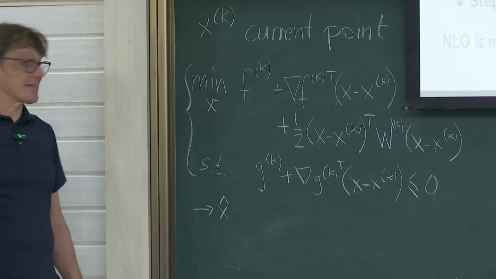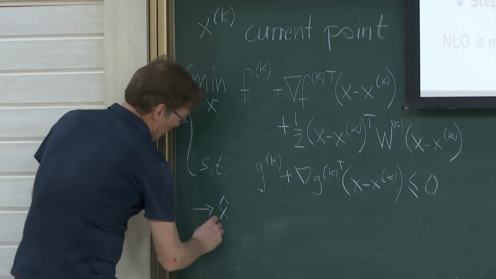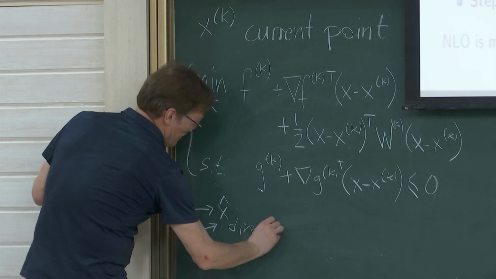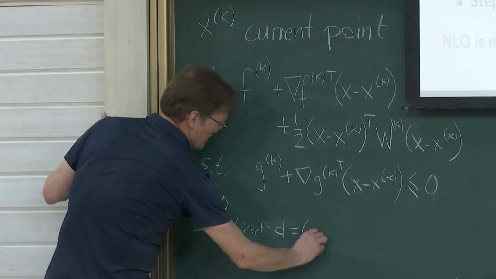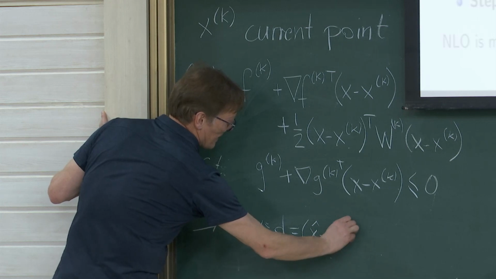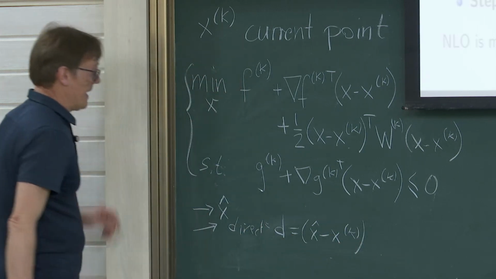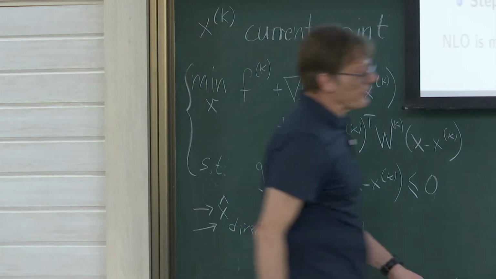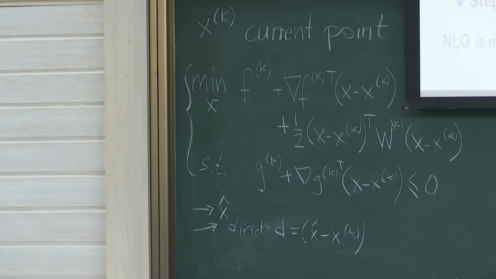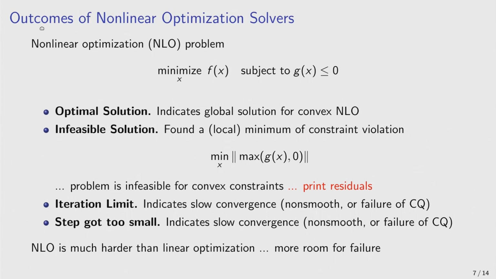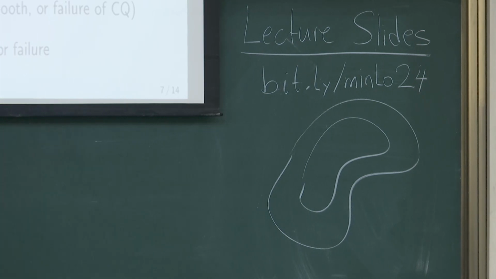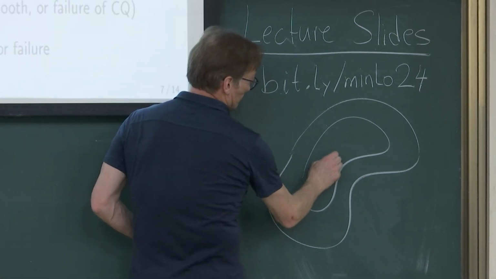And with this x hat, I can now construct a direction d, which is x hat minus xk, and I can now decide how far I want to go in this direction. Pictorially, what you're doing is you have some nonlinear function, and I can only draw it for an unconstrained problem, and the minimum to this problem would be here.